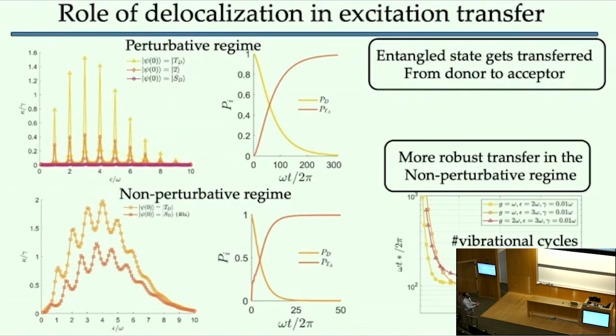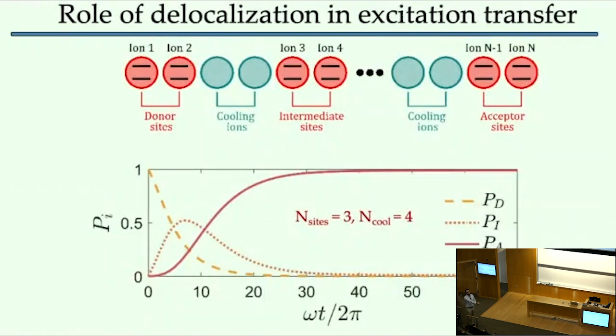You can even use it for quantum computing. 99% fidelity these days is not good enough, but it's quite remarkable that in 100 cycles, which are experimentally feasible, which is of the order of the number of vibrations that we saw in the experiment, you can actually see this dissipative transfer of an entangled state. And you can now experiment and see what happens when you have, for example, 3 sites.